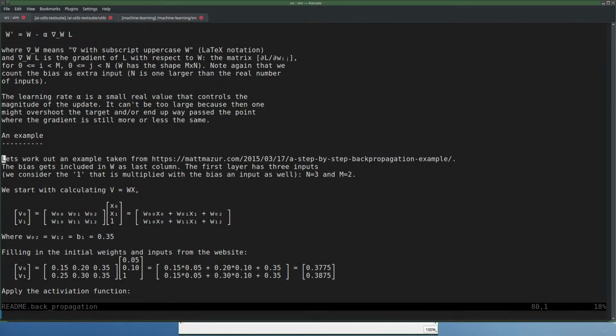Okay, here I did step by step an example of what is in this link here. This is a small neural network with 2 layers.